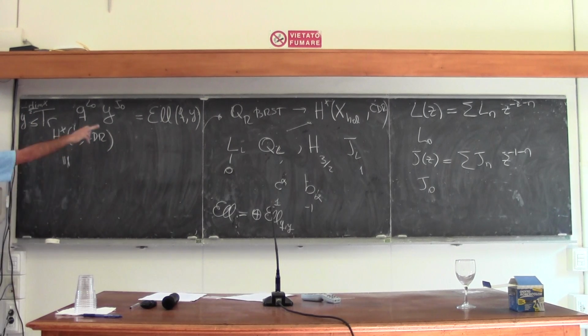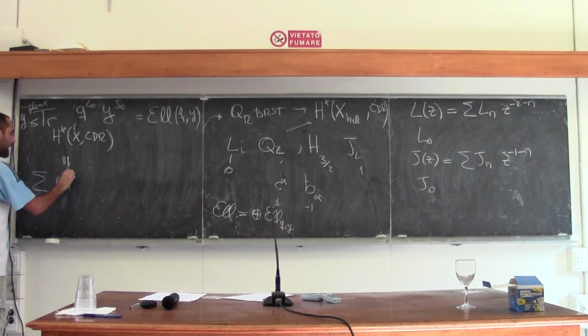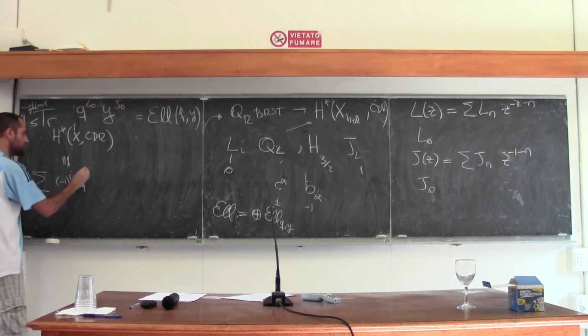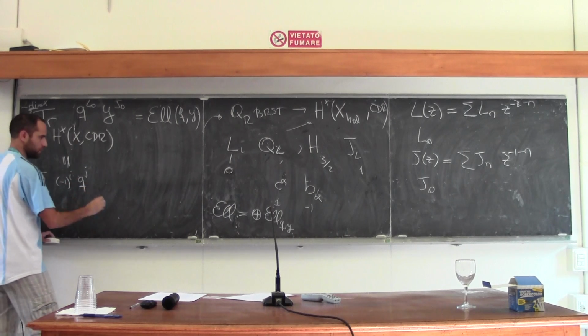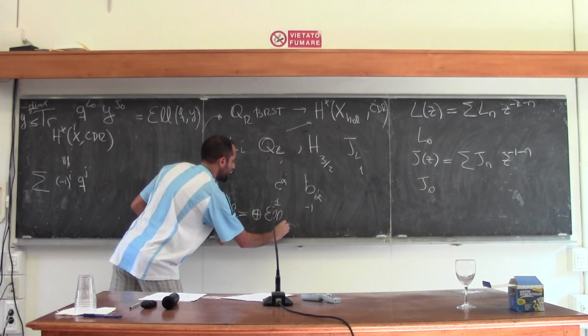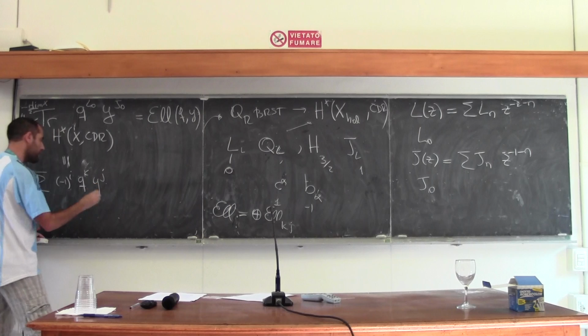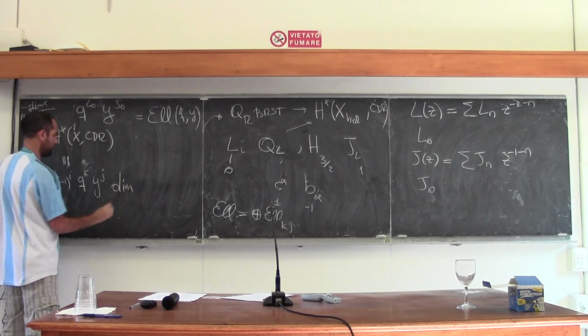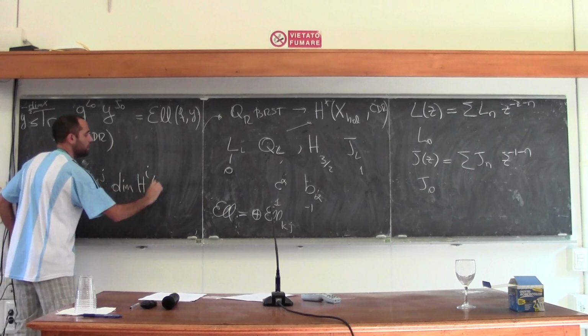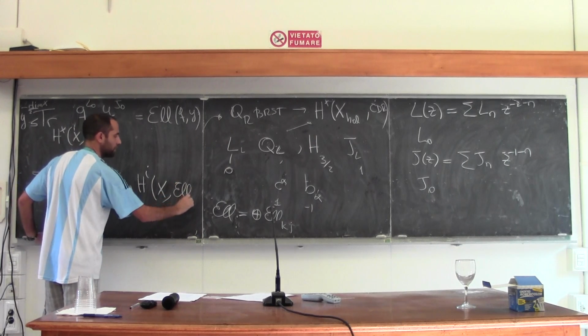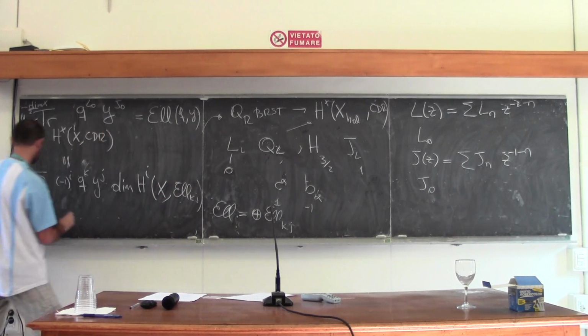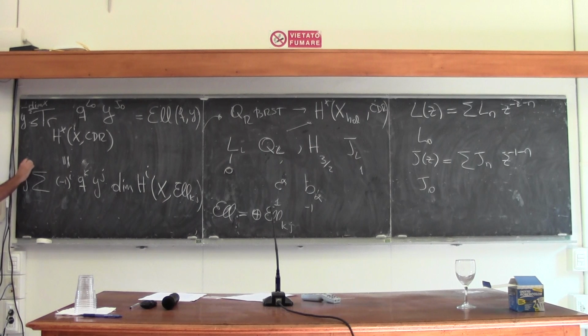So this is equal to the sum of (-1)^i q^k y^j times the dimension of H^i of X with coefficients in that bundle. And I'll fix this also by the minus the dimension of X over 2.